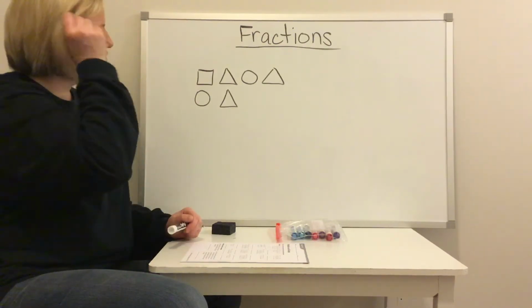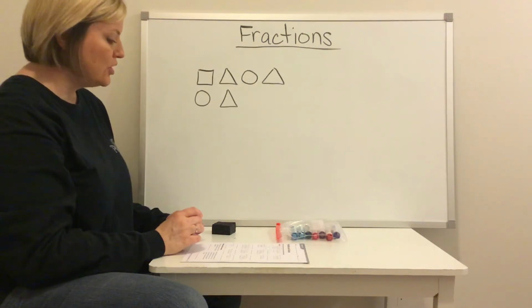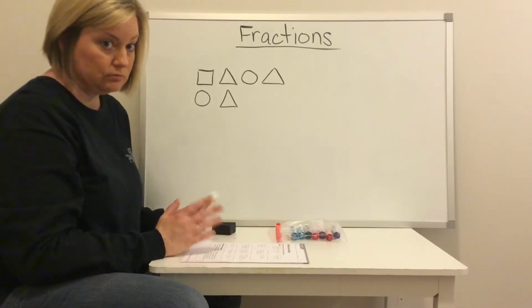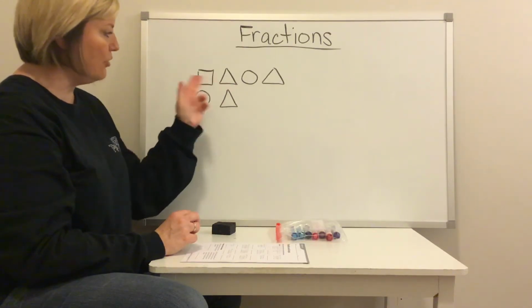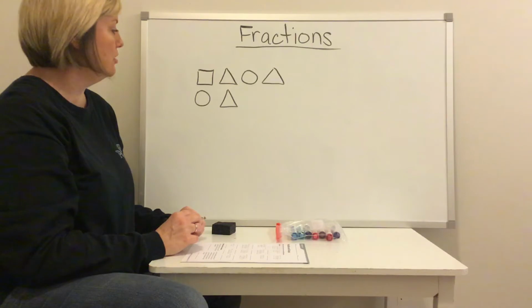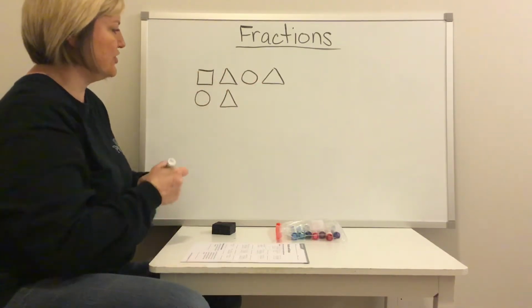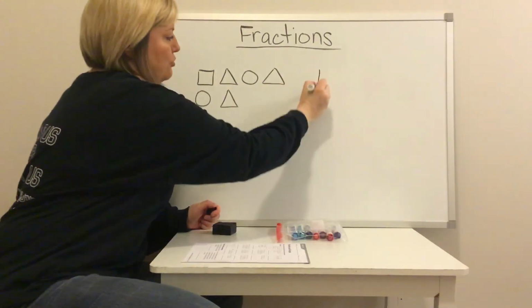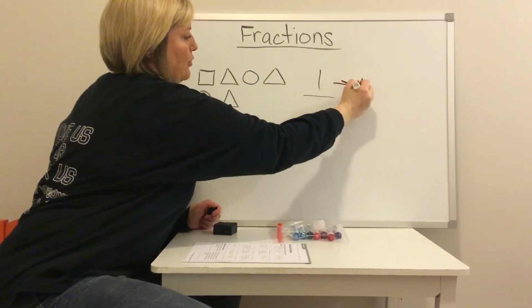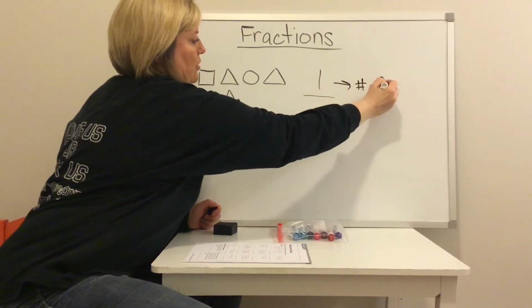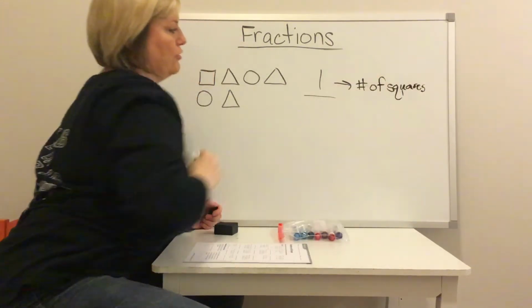Now, if I asked you to give me a fraction for the part of this group that was square, what we would do is first count the number of squares in our set. All right, I see one square out of the whole set. So 1 is going to be my numerator, the number of squares.